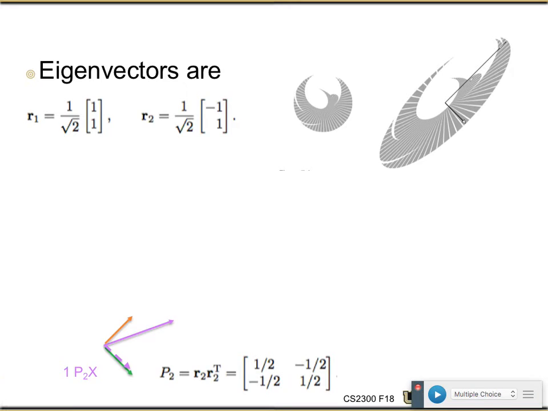So we have, in this case, 1 over the square root of 2 times (1, -1) up here, and then I'm going to put 1 over the square root of 2 times (-1, 1) right up here.